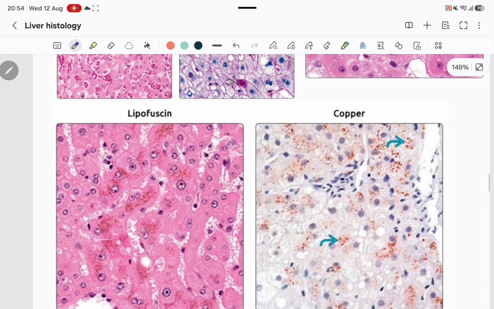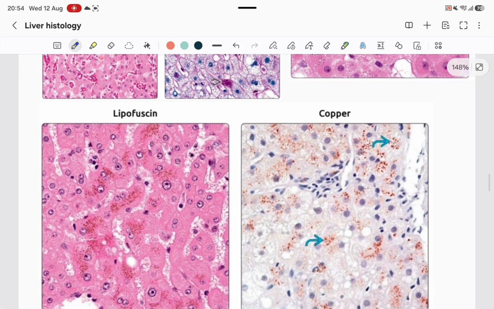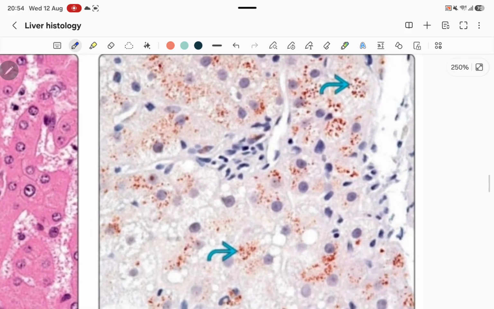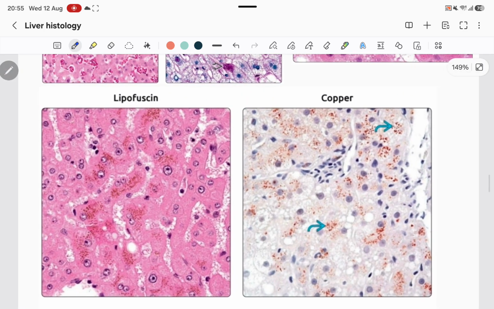I'm not gonna go into that one. Lipofuscin. Alright, this is the important one, copper. Copper is important because of Wilson's disease, if I remember correctly. Alright, so yes, Wilson's disease.